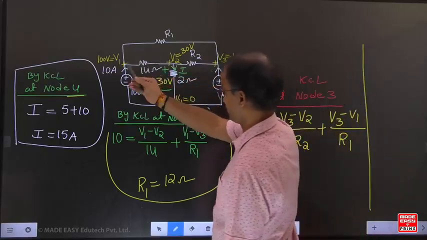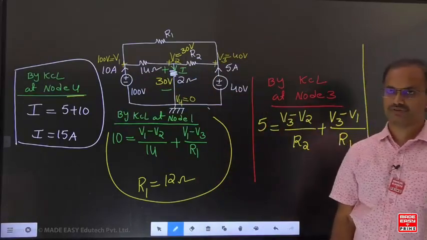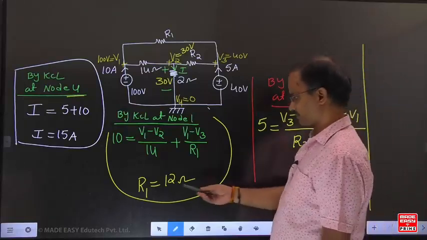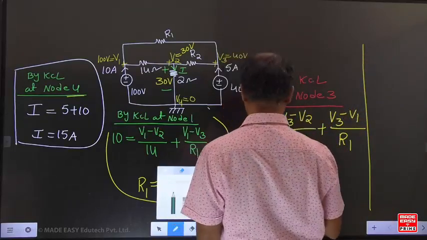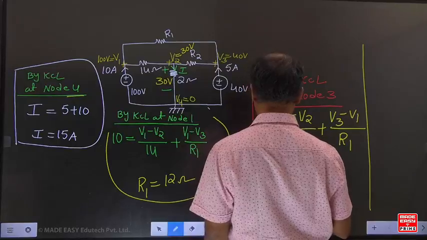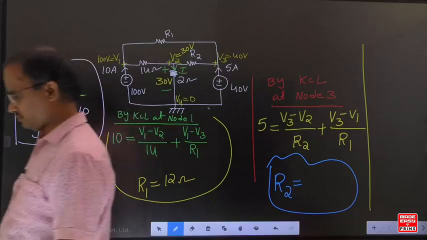Can you substitute the V1, V2, V3 values? You know the R1 value, R1 equals 12. You can simplify and find R2, can't you?